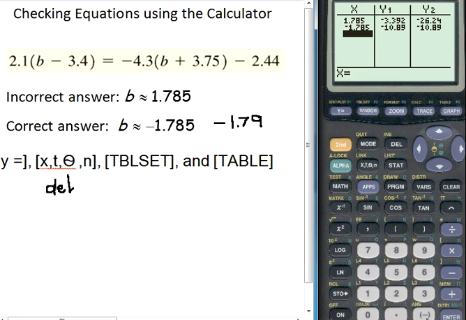So I'm going to check that number instead, -1.79, and I'll hit enter. And you can see that when I put that in, which is rounded to 2 places instead of 3, it comes out to very close values.